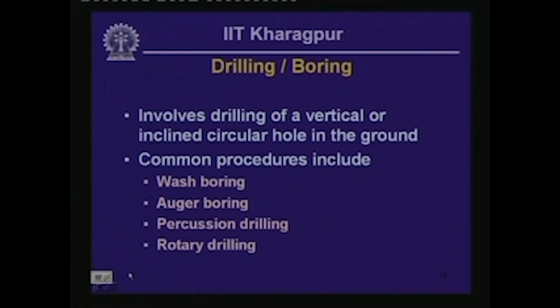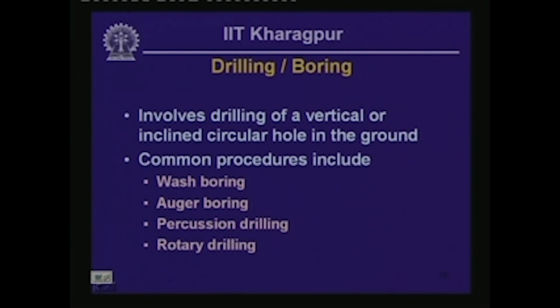All right. Now, the second type of investigation process that we are going to look at is drilling or boring. What is involved here is drilling a vertical shaft into the soil or rock, and this shaft is typically a circular hole in the ground.